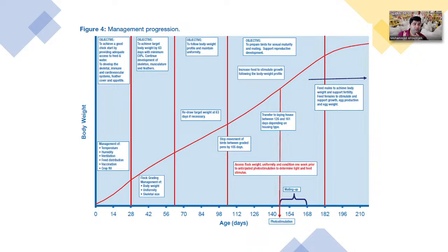It means that if your CV is 10%, your birds' body weight is distributed between 1800 grams and 2200 grams, which is good. CV of 10% is a good indicator. And I forgot to mention this: 68% of your birds fall into this range, 68%.